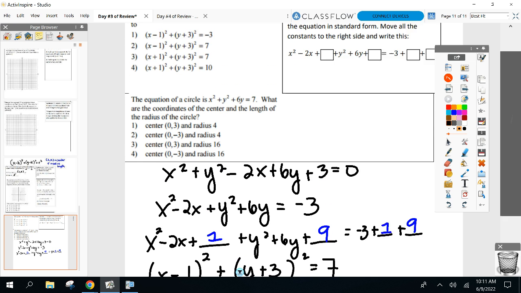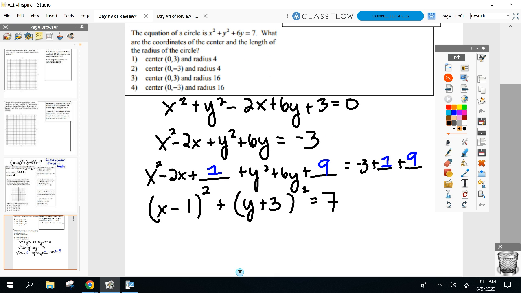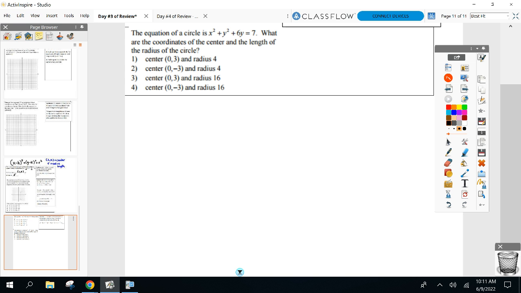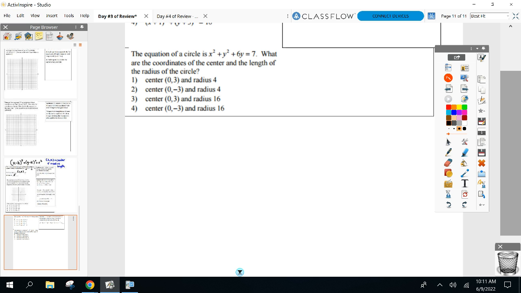And that's a choice somewhere up there you can figure out. We okay there? We're going to do another one right now. Any questions? All right, next one. Now find the center and radius after you convert it.